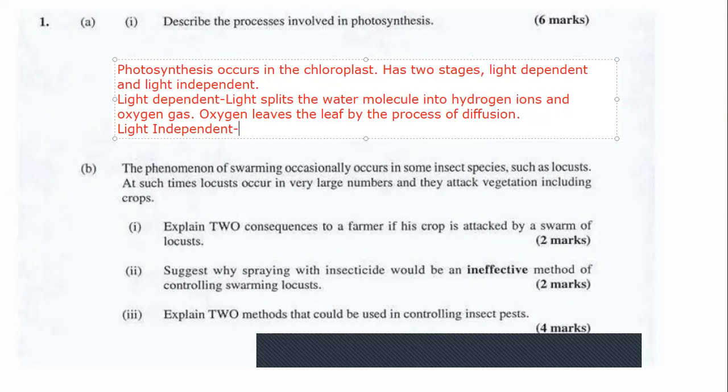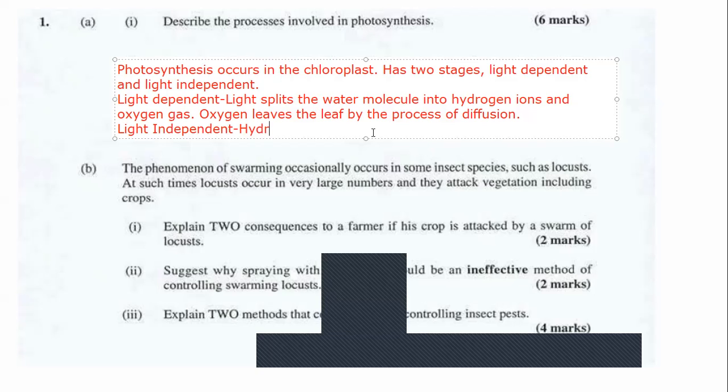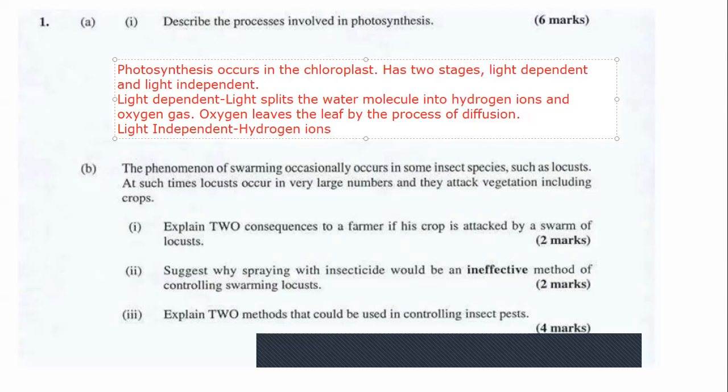All right. What happens in the light independent stage? It happens whether or not light is present. So even though light is present, it is not needed for this stage. What happens here?